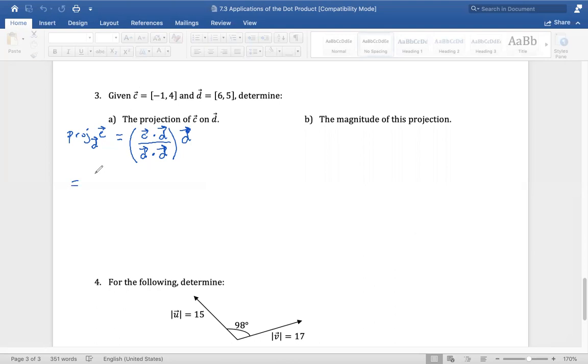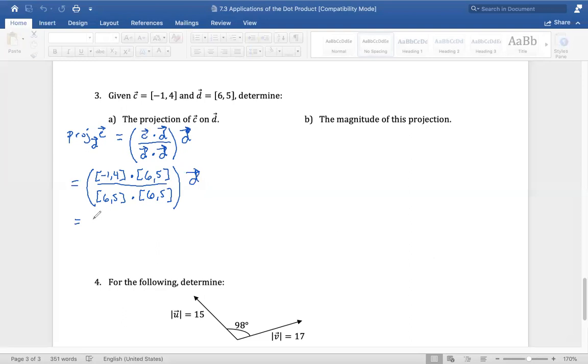So let's have brackets here, rounded brackets. -1, 4, dotted with D, 6, 5, over top of the D vector, 6, 5, dotted with that same vector itself, D, 6, 5. And like I said, for now, let's just do this because it's quicker, right?